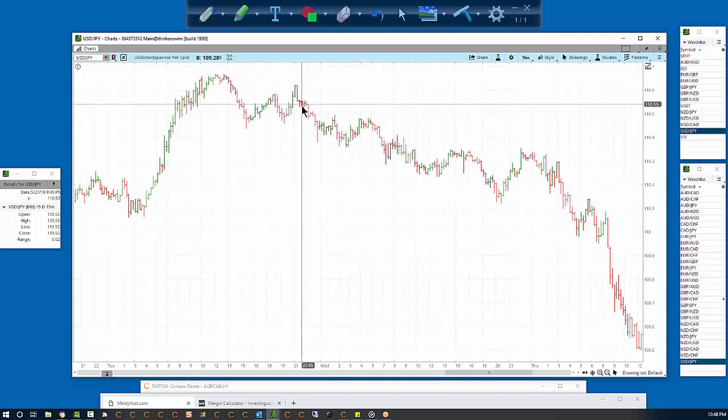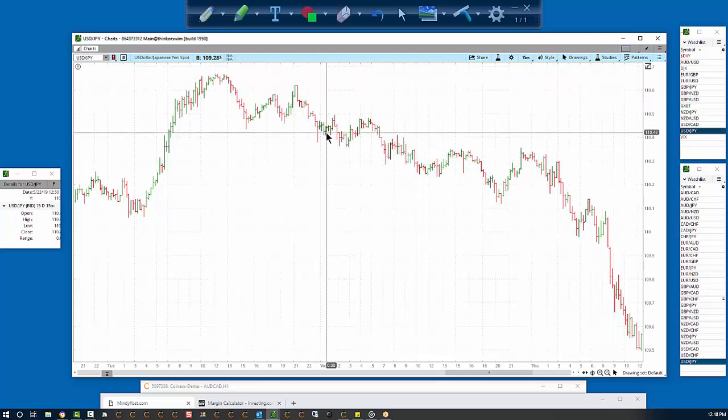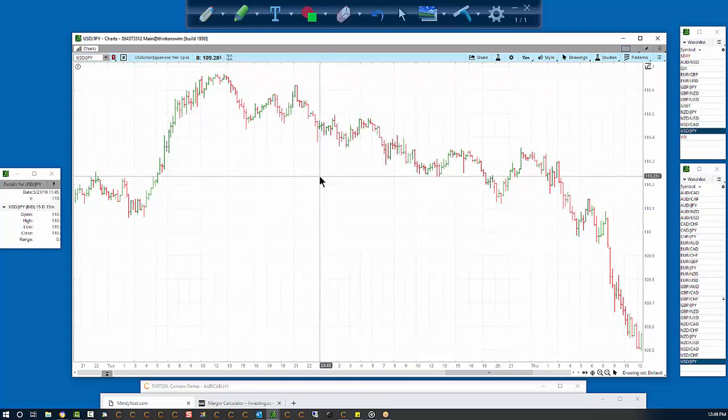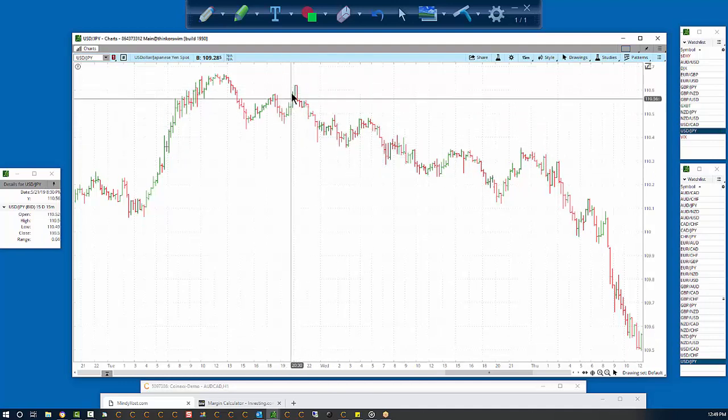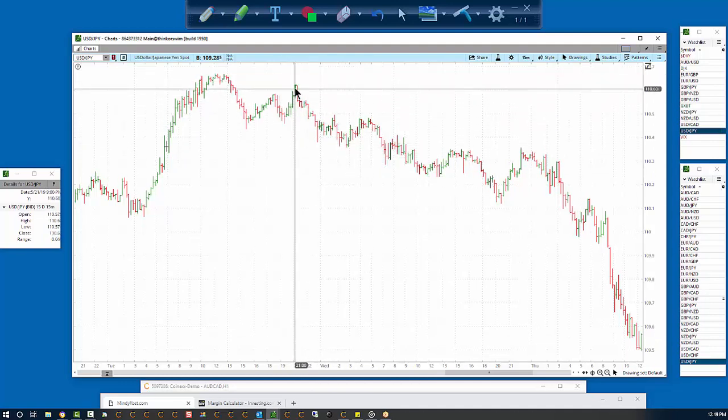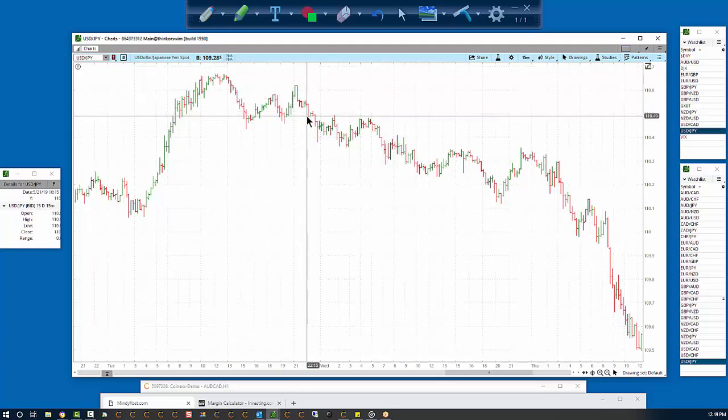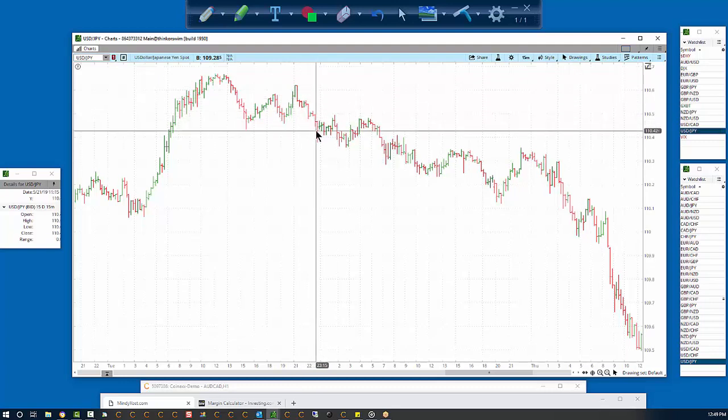But the thing is, most trend traders are doing it completely wrong, because what's happening is they're going into buys right before the price turns down, and then they're stopping out for a loss, and then they're saying, okay, then I'll do a sell.